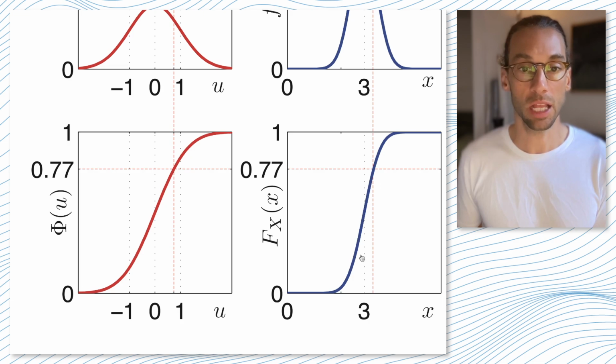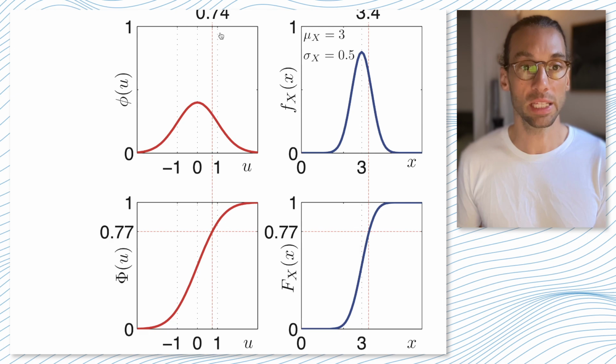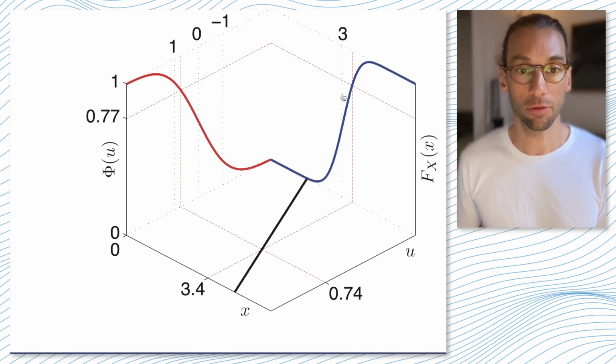What does that mean? If I evaluate at x equals 3, I read the CDF of 0.77, and I read the same CDF in the standard normal space. So the 3 corresponds to here 0.74 in the standard normal space. And we can see this also in that kind of joint graph.